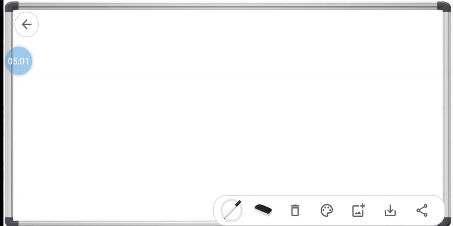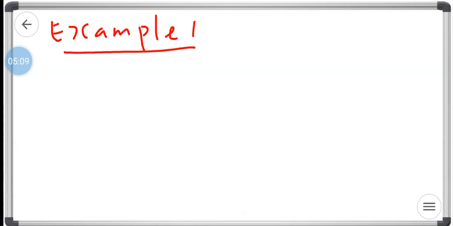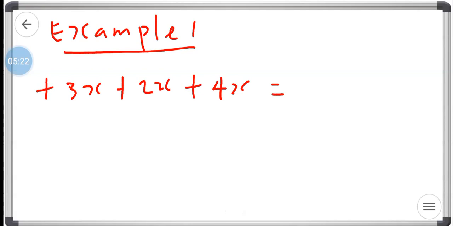Example 1: plus 3x plus 3x plus 2x plus 4x. Don't forget the rule that we are using.